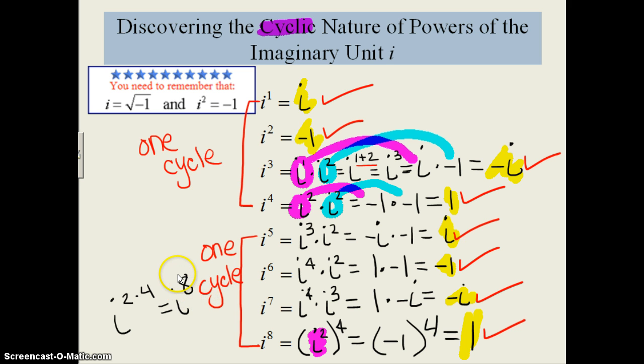So the cycle is made of 4 different values. So every time you hit that fourth value, you're going to start over again at the beginning of your cycle. So after i to the eighth should come i to the ninth. And if we notice the cycle now, the cycle should start over again after i to the eighth. It should go back to the beginning of the cycle. i to the ninth power should just be i to the first, or i.